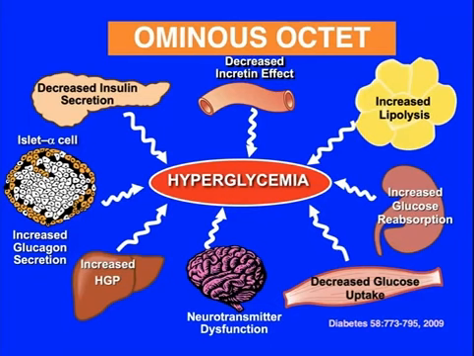Now, most of you probably have never measured the plasma FFA level in any of your patients. But if you look in diabetic patients or in people who are overweight, there's a marked increase in the plasma FFA levels. So what is the problem?